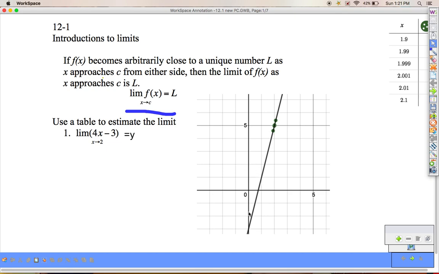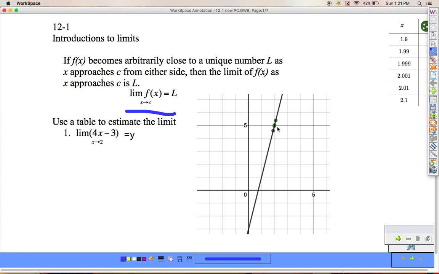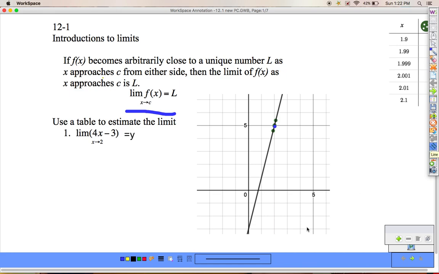All it has to do is get close to it. So as I follow my graph from the left towards x equals 2, and I come from the right towards x equals 2, what value of y is my graph getting close to?